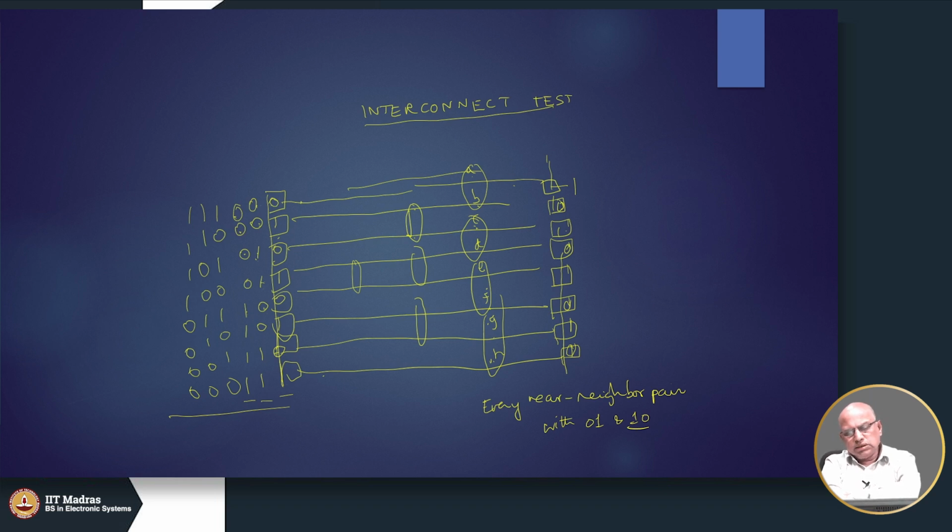Plus you can also test the interconnects. So in a way, it helps you to test the entire system, and it helps to debug the system also. Okay, we have talked about that. So that is the advantage of this JTAG standard.